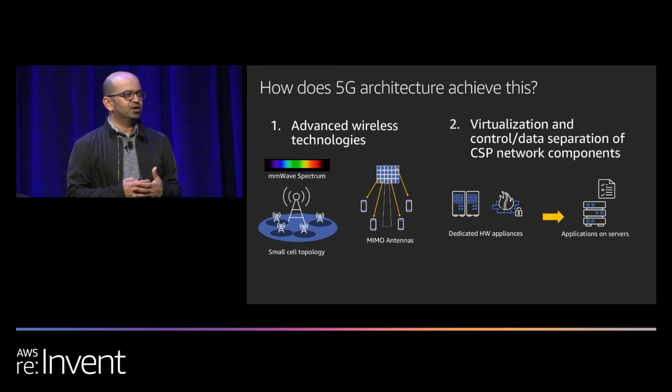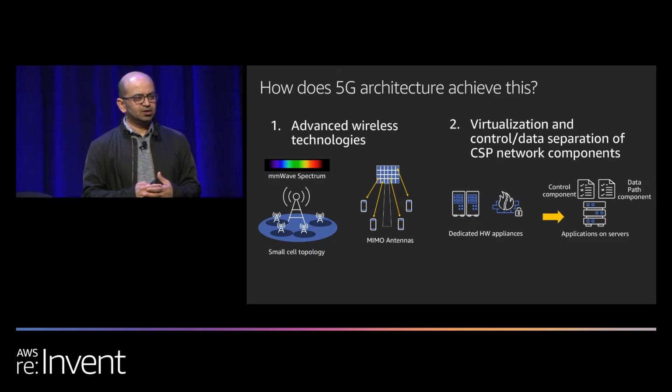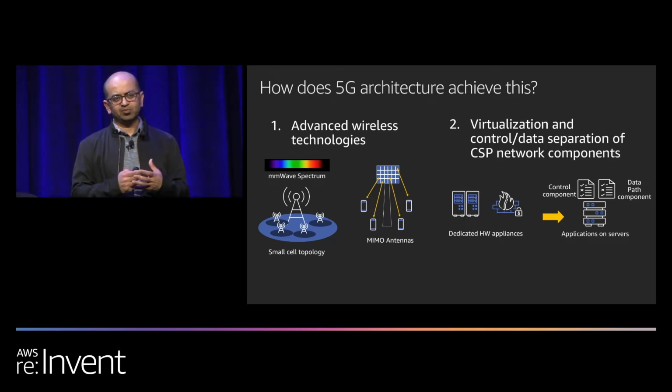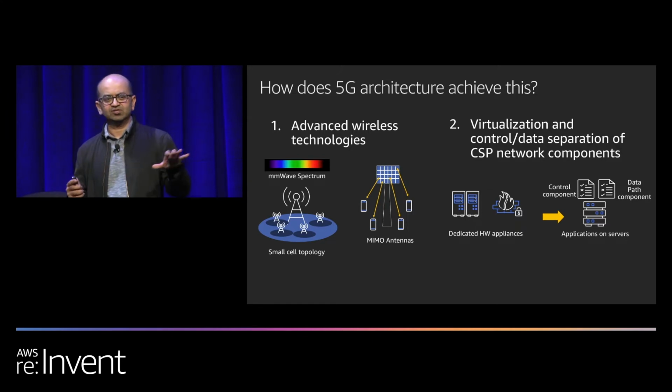So you have virtual appliances or software appliances in the form of virtual machines and containers being deployed on general purpose servers. Additionally, the software appliances or the network components are being split into control path and data path. And what this gives is a tremendous amount of flexibility in deploying network components across the network.